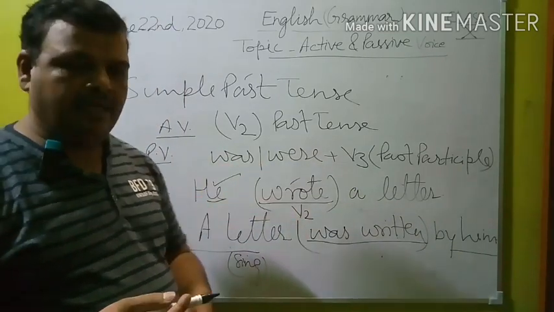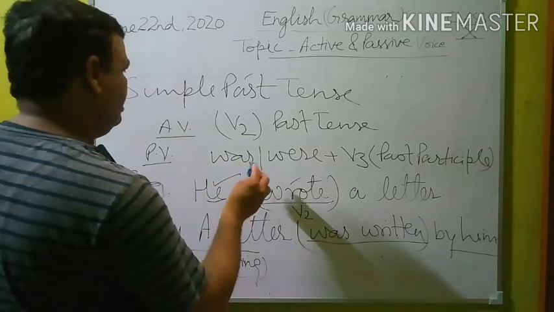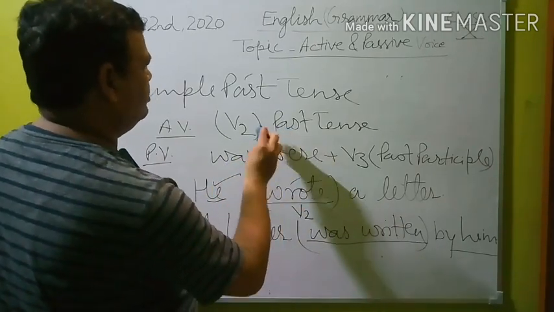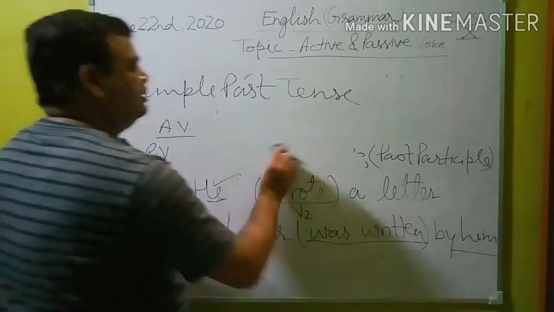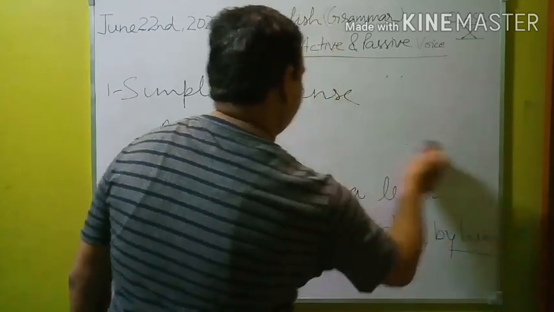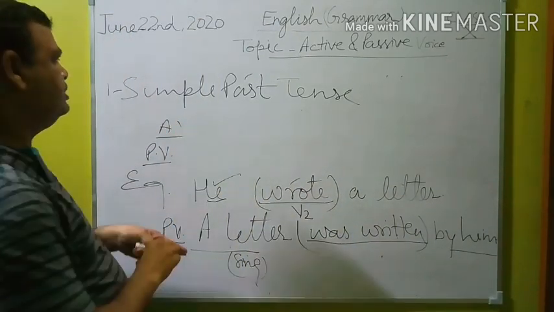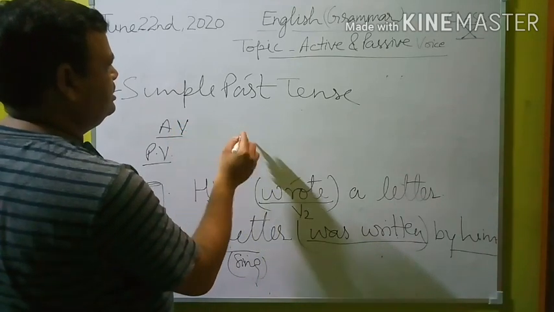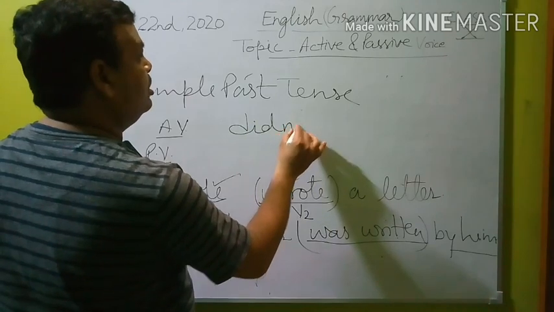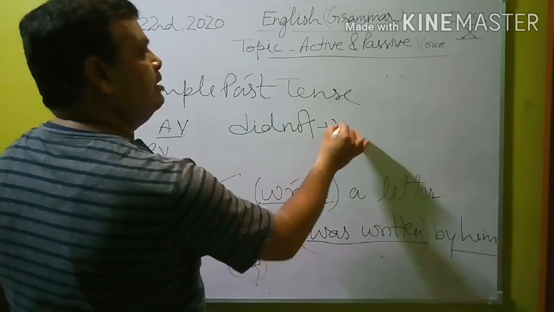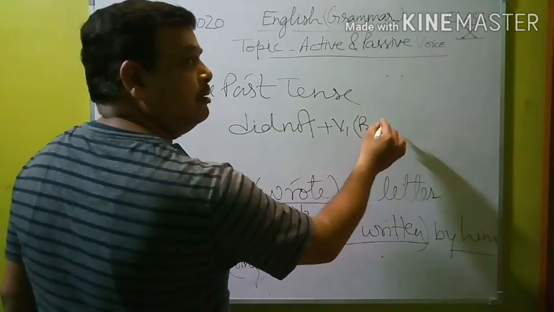Let us examine if a negative sentence of simple past tense is given. First of all, I would like to tell you the verb structure of simple past tense in negative form. Now, what is the verb structure in negative sentences of simple past tense? We use did not followed by the first form of the verb or present form of the verb.